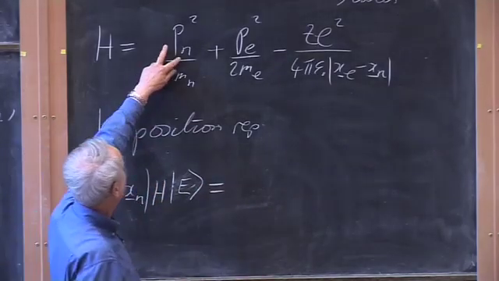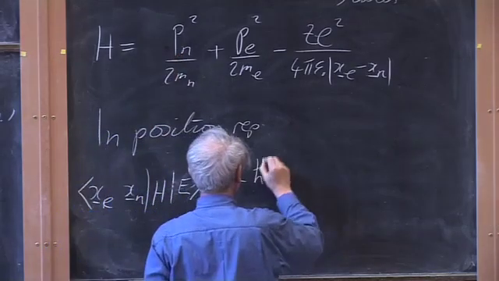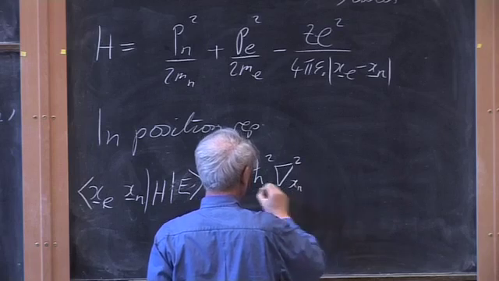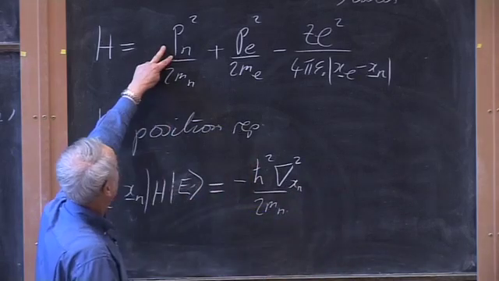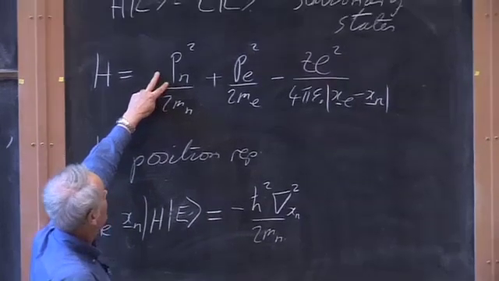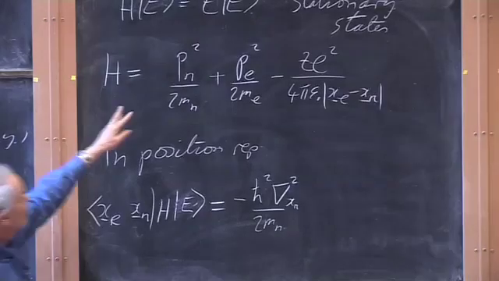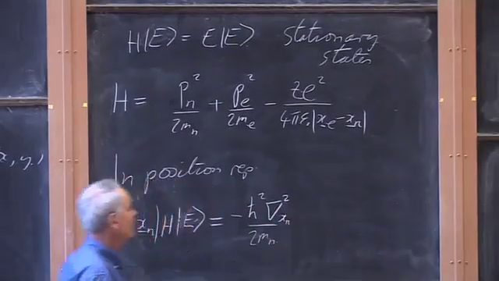Then what we want is the position representation of this, which is going to be minus h bar squared del squared with respect to x_n over 2 m nucleus, because this is the kinetic energy operator: p is minus i h bar gradient, so p squared is minus h bar squared nabla squared.